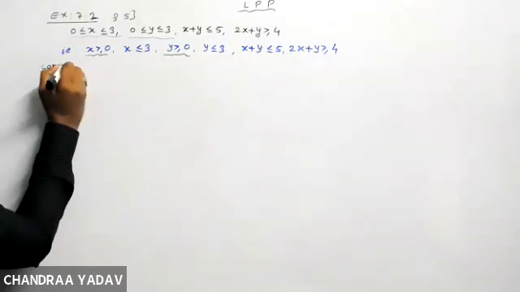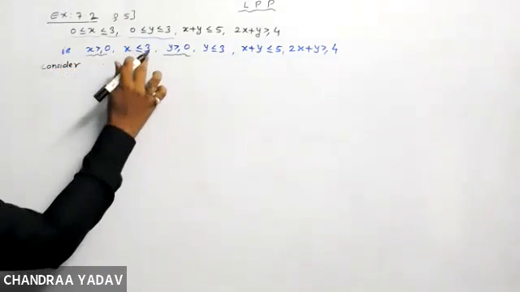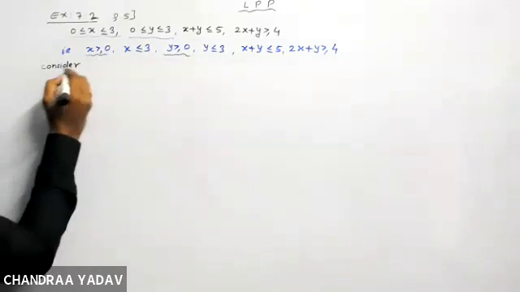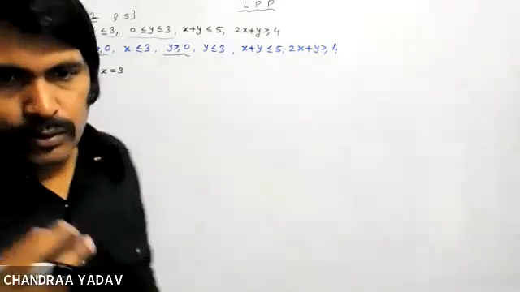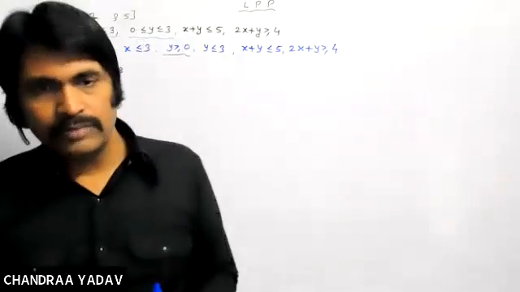Consider x plus y is equal to 5. This also we can take. So what about x is less than or equal to 3? We'll write x is equal to 3. It doesn't contain two variables. It has only one variable.